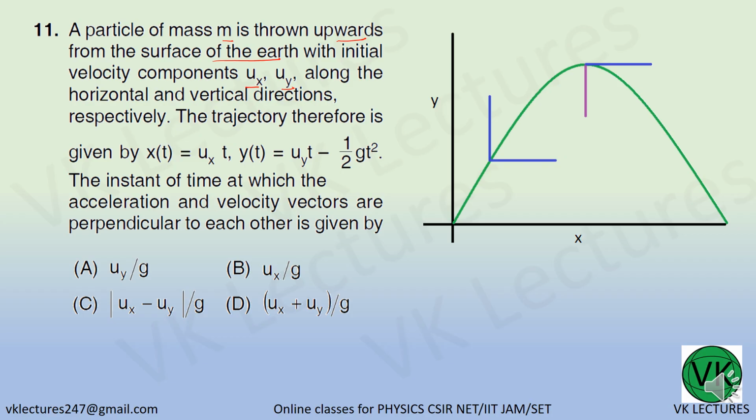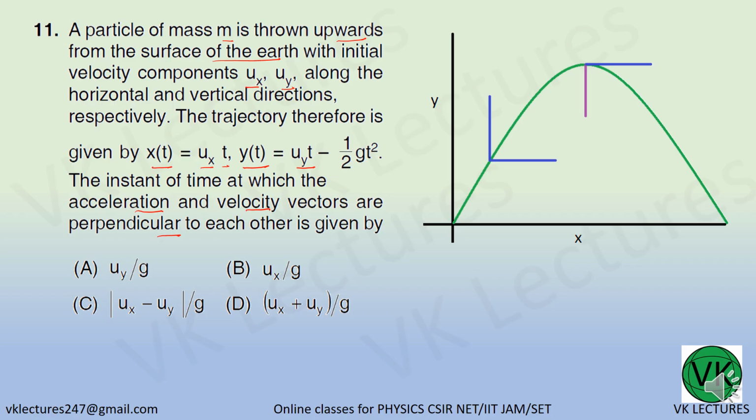The trajectory therefore is given along the x-axis by the distance ux t, that means velocity along the x direction into time, and y of t, that means the distance covered along the y direction, uy t minus half g t squared. Now the question is the instant of time at which acceleration and velocity vectors are perpendicular to each other.